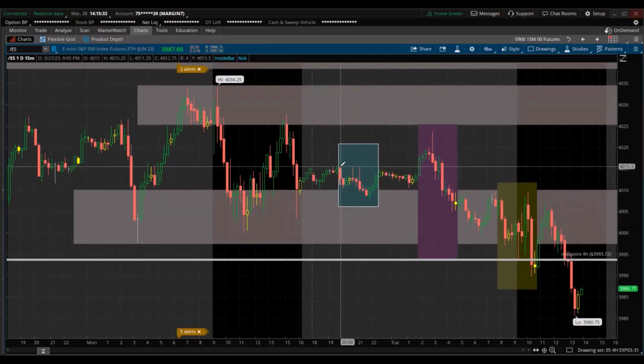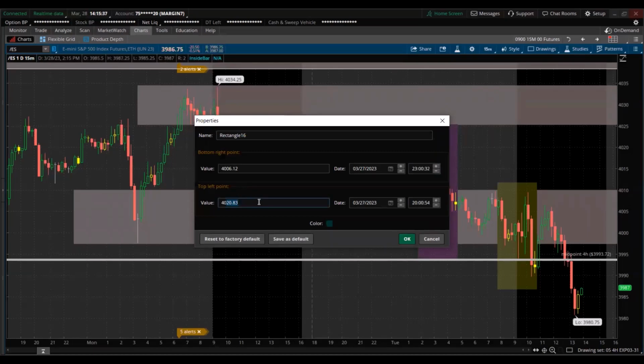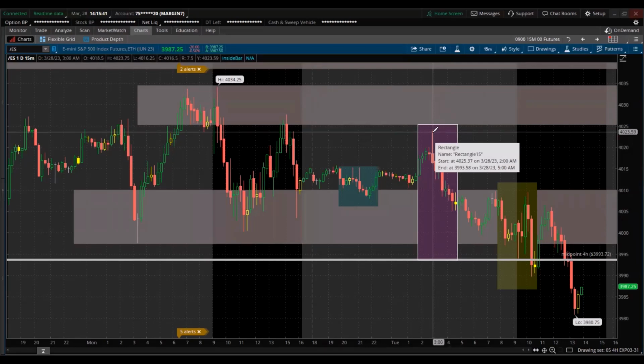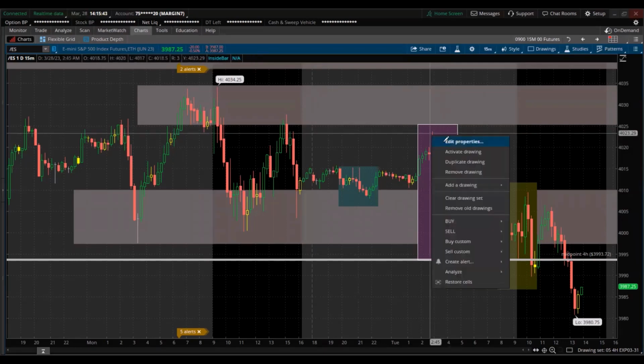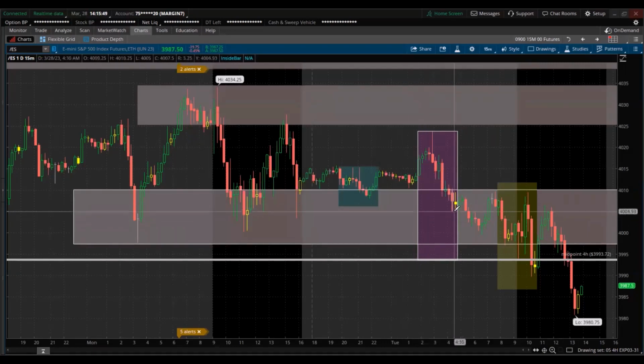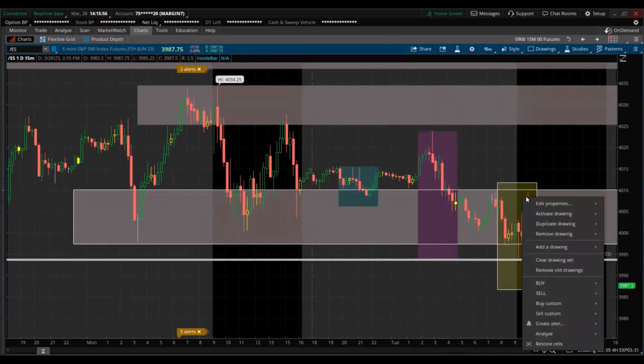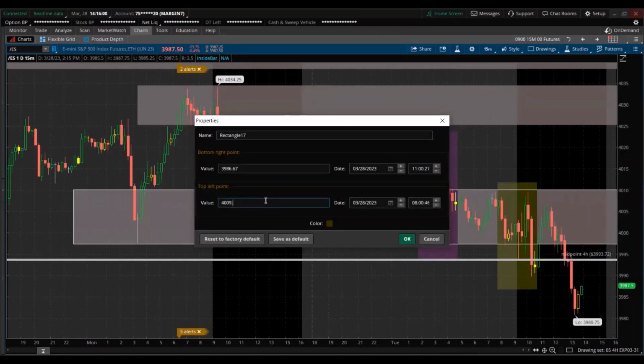Let me take this down a little bit. So what I'm showing you here should help to see some part of the range, the financial instrument trading.